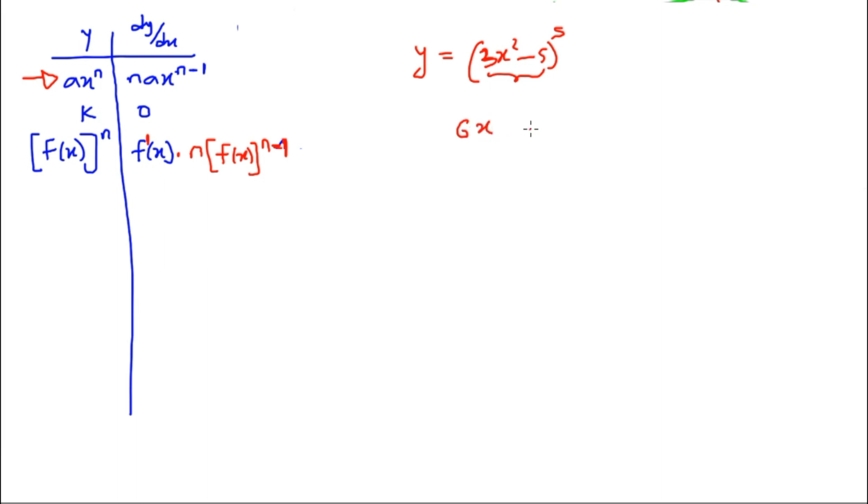Okay, then I'll put a dot, then I'll do the normal differentiation as in the first principle. So I'll have 5, open bracket, close it, then 5 minus 1. So what am I supposed to have in the bracket? 3x squared minus 5. Alright, so 6 times 5, that's supposed to be 30x into 3x squared minus 5 raised to power 4. So that's supposed to be the right answer.